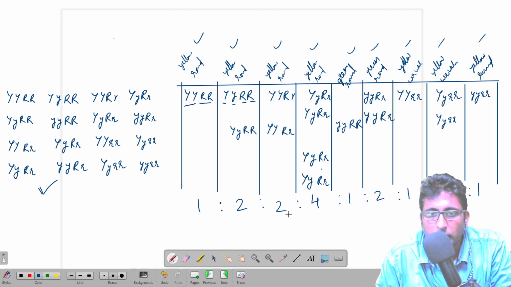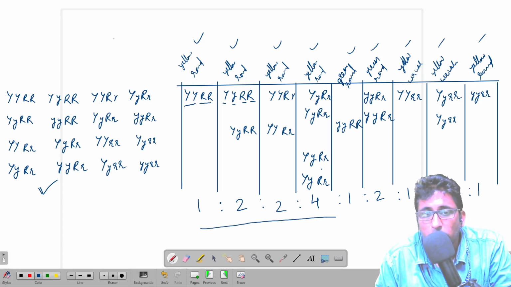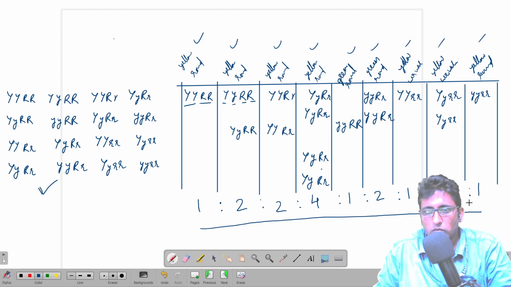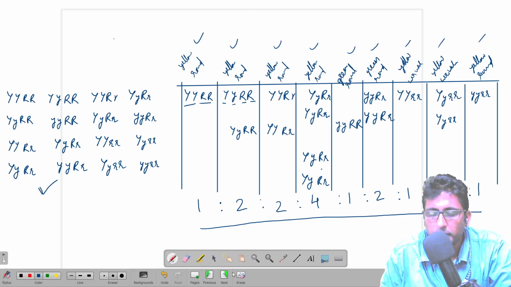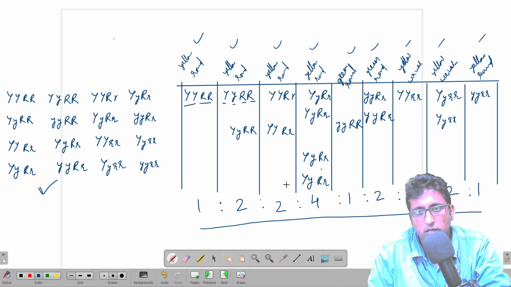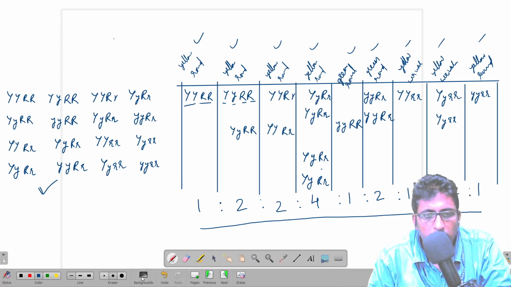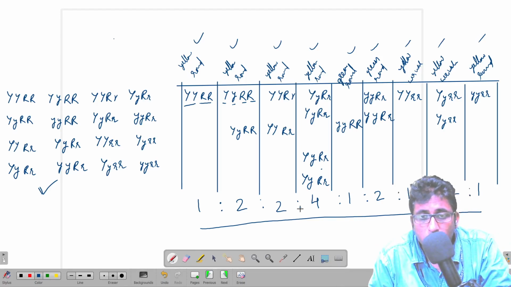And here we have 5, 9, 10, 11, 12, 13, 14, 15 and 16. This is the ratio. You might go into other papers or resources and find a variation to this, but the total number would remain the same.